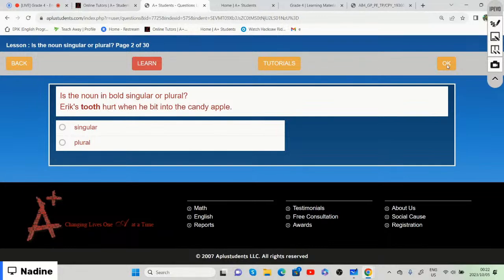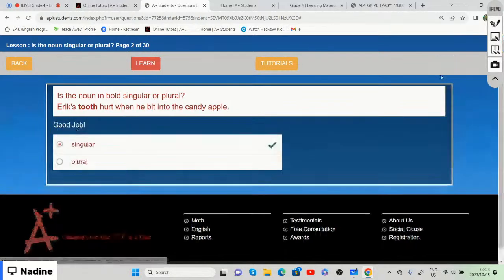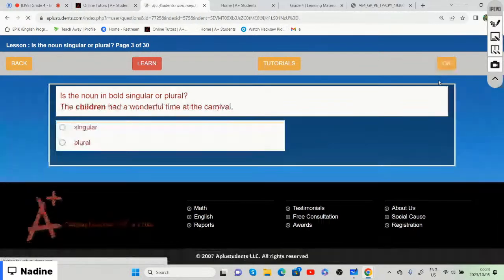All right, so a tooth refers to only one tooth, which means that it is singular and singular is correct. So well done.